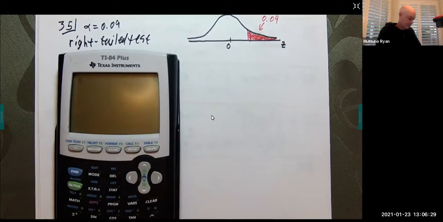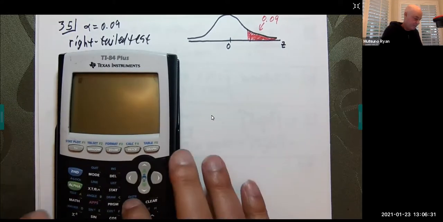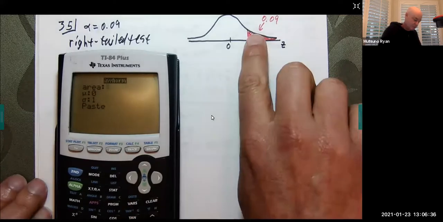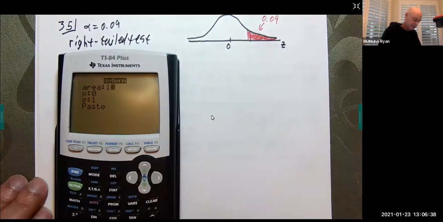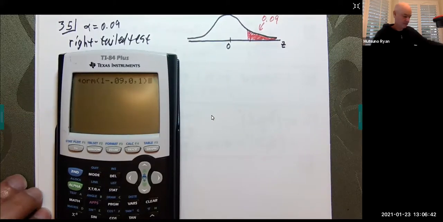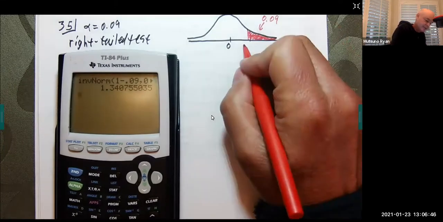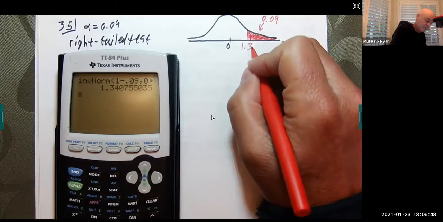We have to use inverse norm, but inverse norm only knows area to the left, so I'm going to do 1 minus 0.09. The critical value, and there's only one because it's a right-tailed test, is 1.3408.